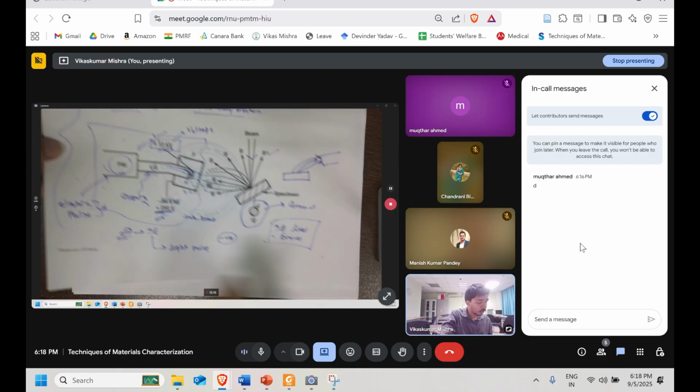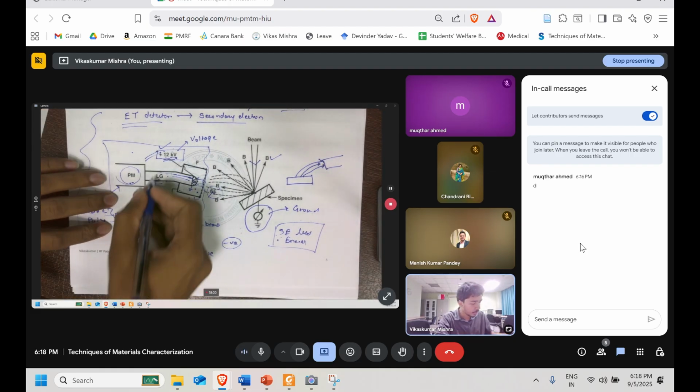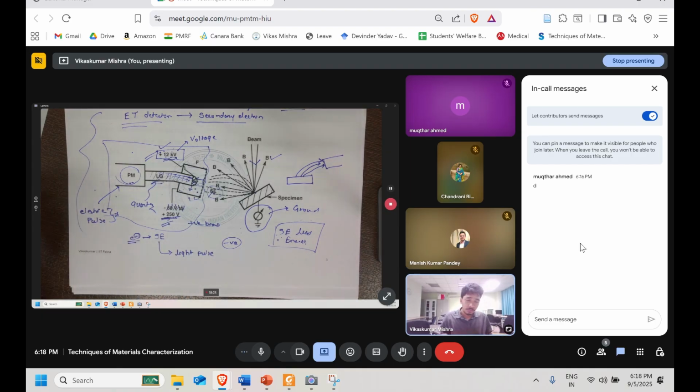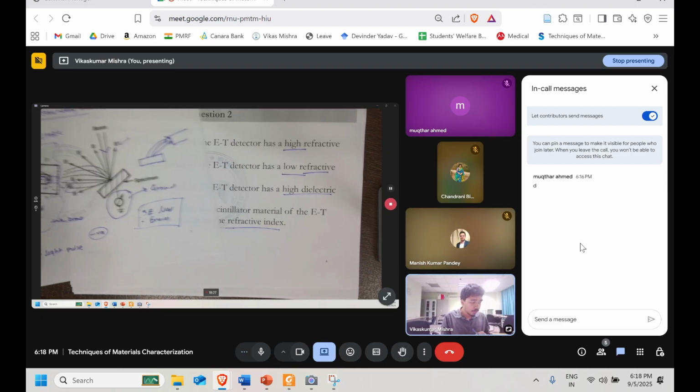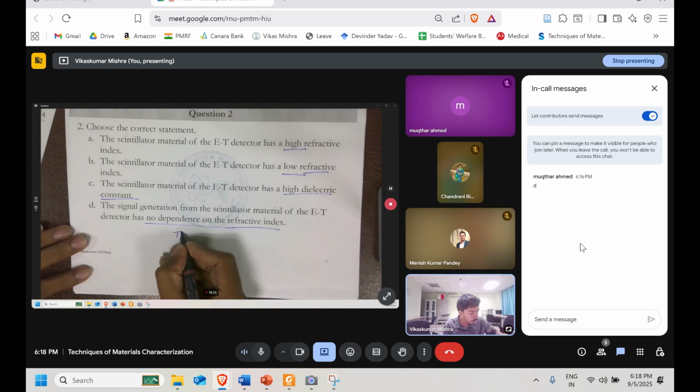As you know, in this scintillator we have a light guide. You might have learned about total internal refraction.